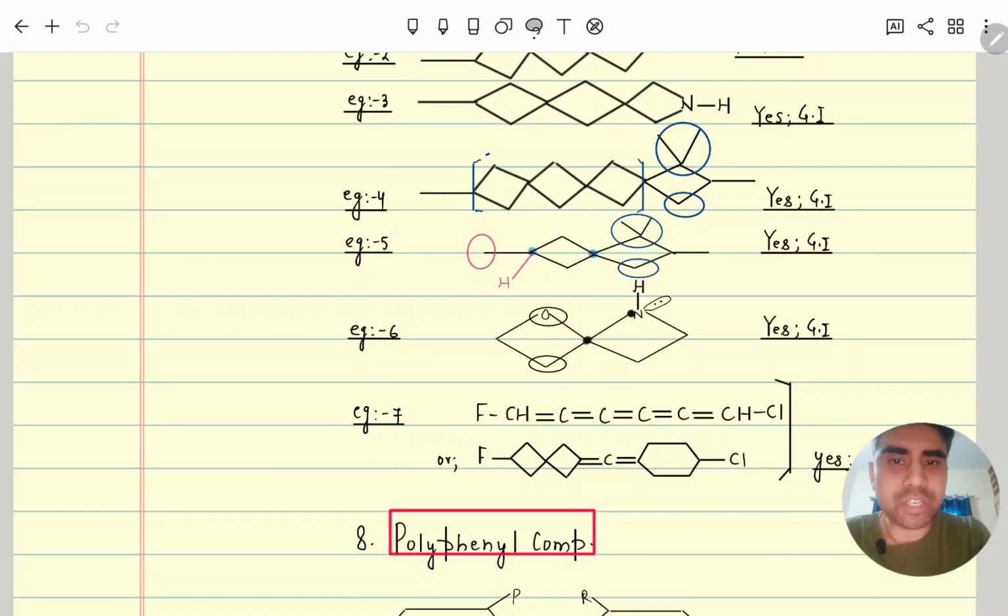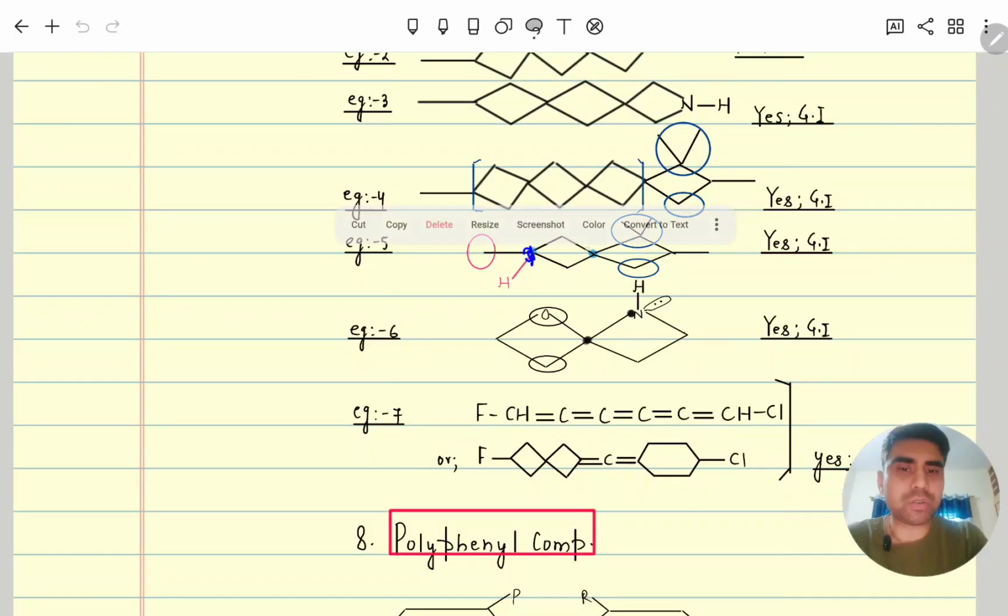But if we take odd, as we are taking odd here, with respect to this, R and S are different. So yes, it will show GI because PQ and RS are in plane. Similarly here again even, so it will not show GI. So we take odd again, meaning this one ring cycloalkane.